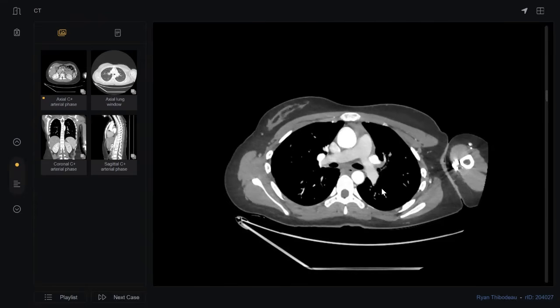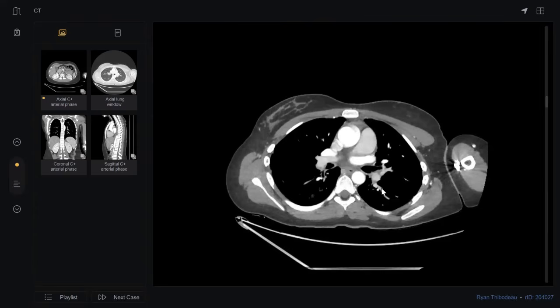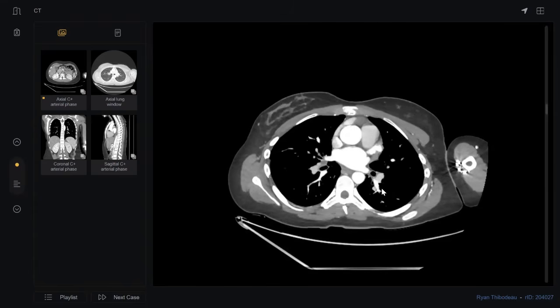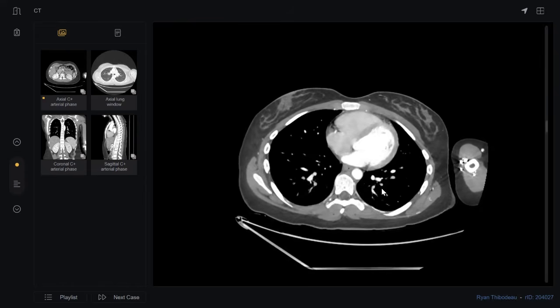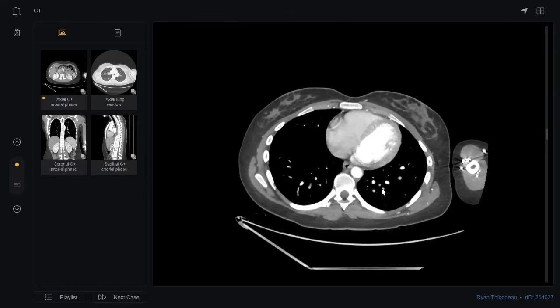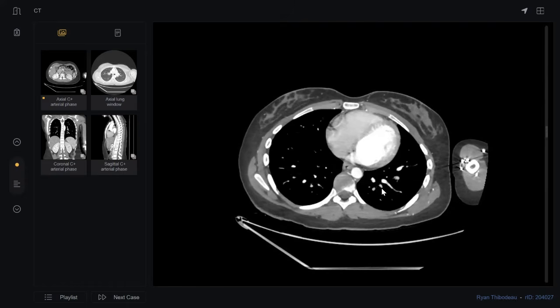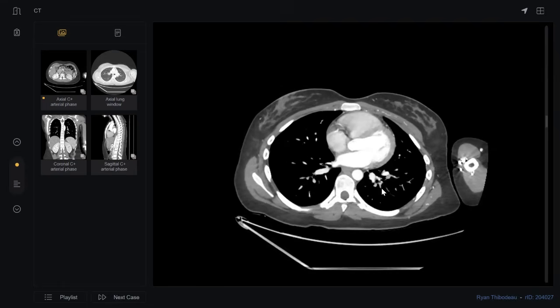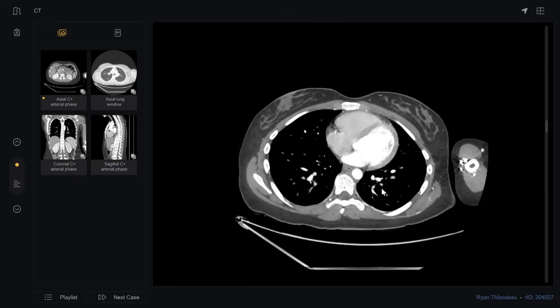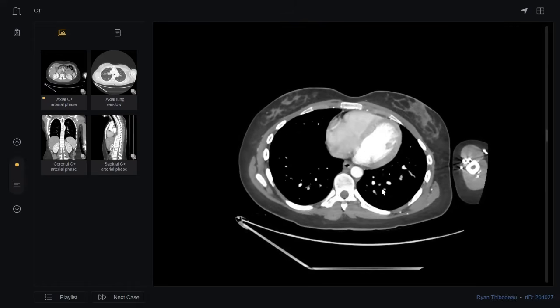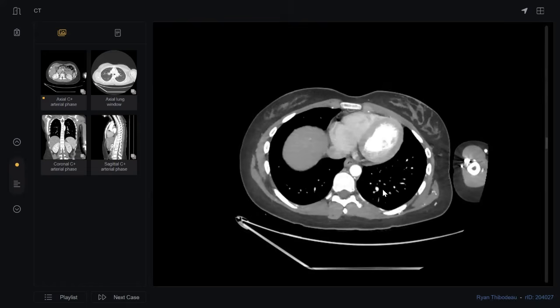There is no filling defect within the descending aorta. The left atrium shows normal contrast opacification. The vessels reaching the periphery of the lungs appear unremarkable.